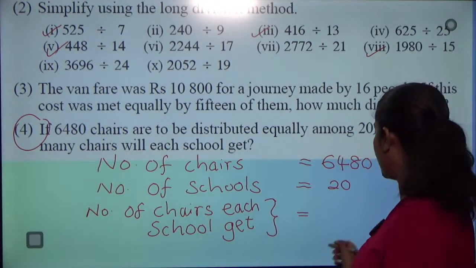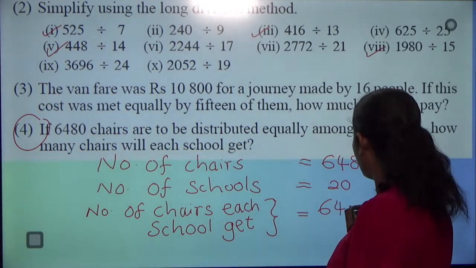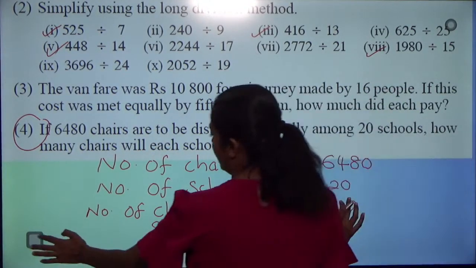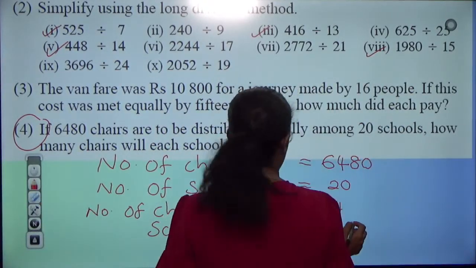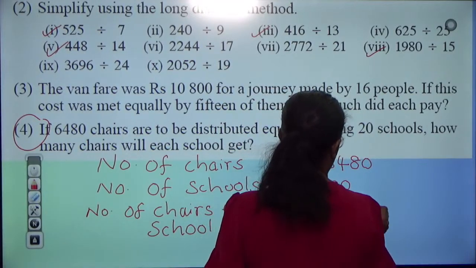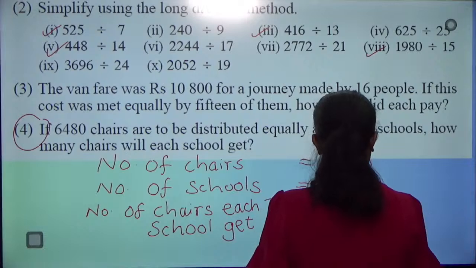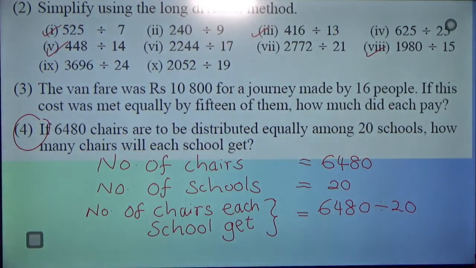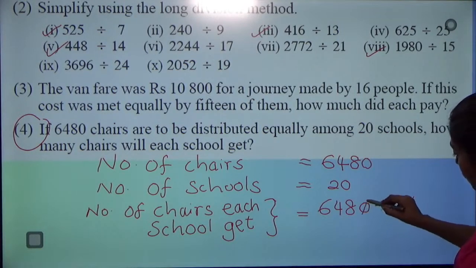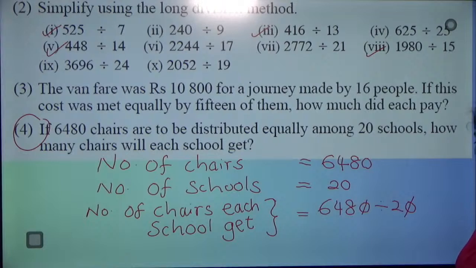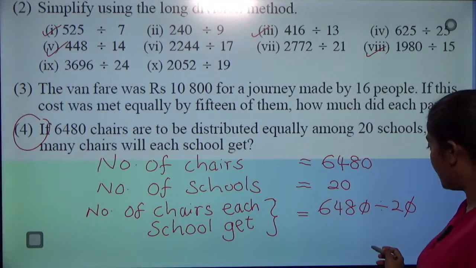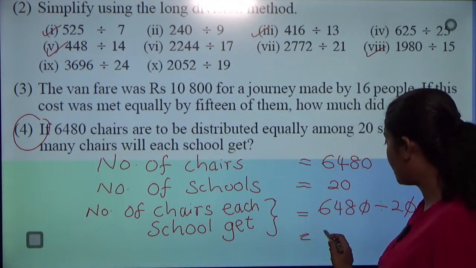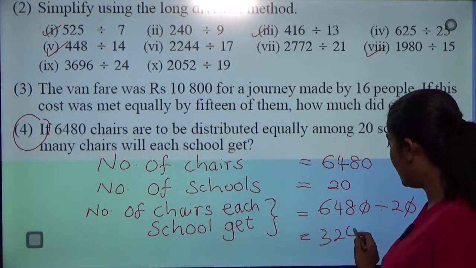Right. 6480, there is an easy method, no? By 20. You have to divide by 20. When we divide by 10, we remove a 0, no? Now you have one 0 here. You can just remove these zeros and divide by 2. 648 divided by 2, the answer should be 324.